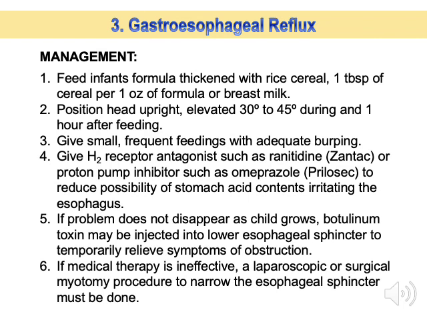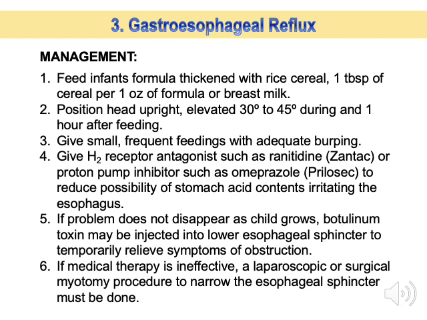And if the problem does not disappear as the child grows old, a botulinum toxin can be given to temporarily relieve symptoms of obstruction. If all these therapies are ineffective, a laparoscopic or surgical myotomy will narrow the esophageal sphincter so that the GERD will be corrected.